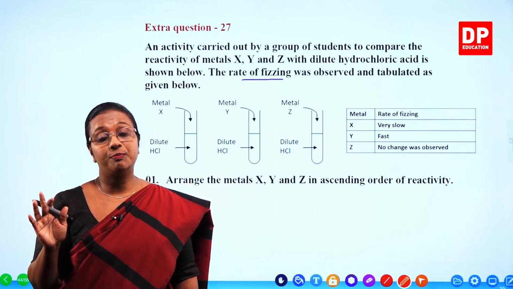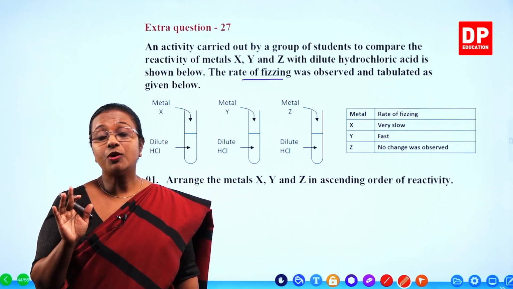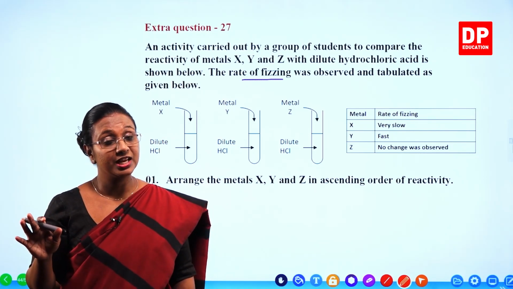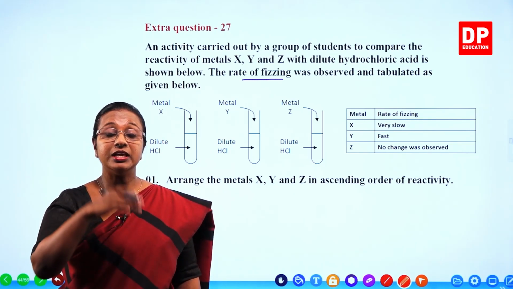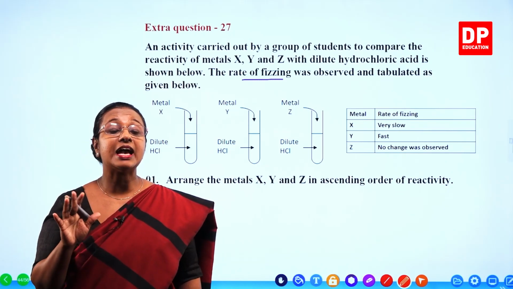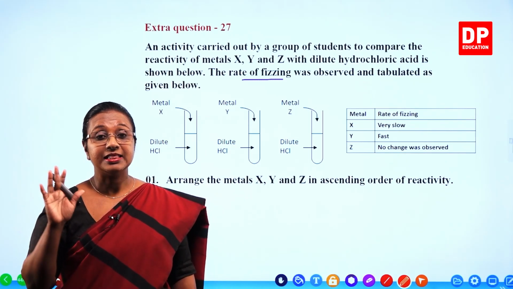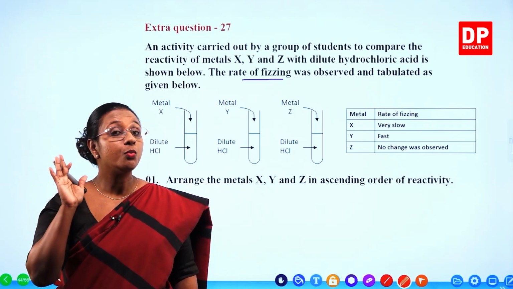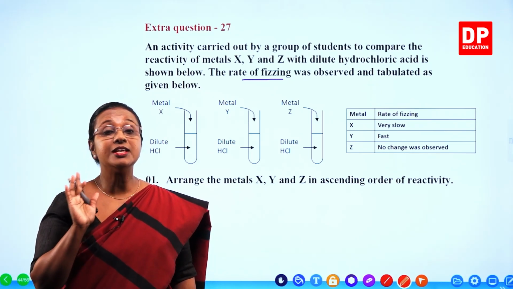But how about copper? When we put copper metal into dilute hydrochloric acid, there is no reaction. I told you all that before also, even if you leave it for a day or 2 days, still the reaction will not take place. That means copper doesn't react with dilute hydrochloric acid. Why is that? You know the reason also.